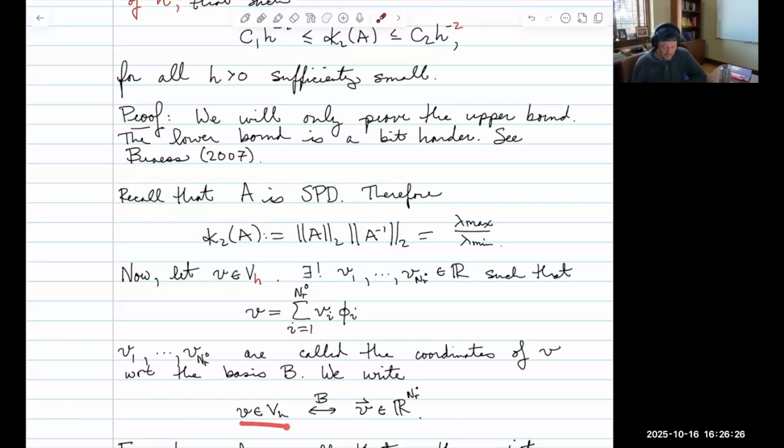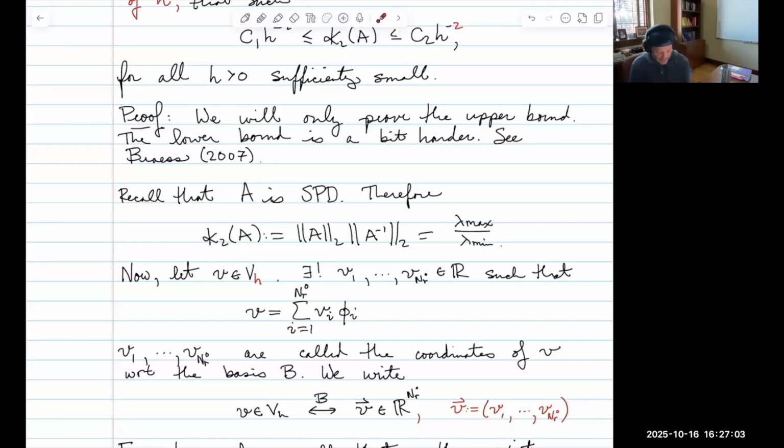We have a V in V_H connected to the vector of coordinates V, and I meant to write that V is the vector of the coordinates V1 through Vn in R^n. Okay.